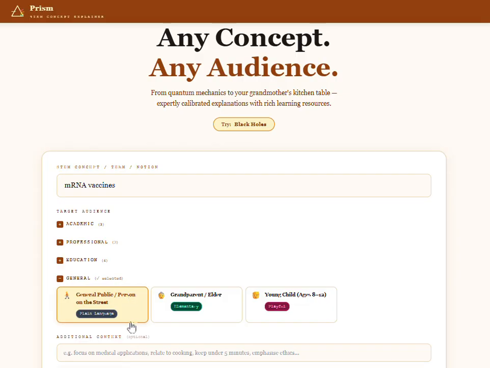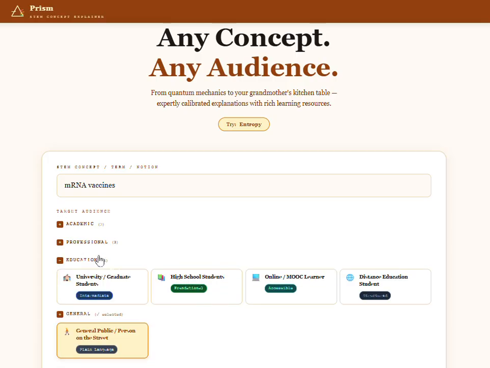So the style of delivery of the concept is also described here along with these audience classes. For a grandparent, it has to be elementary, but for a child, it has to be playful, and for the general public, it has to be in plain language. Similarly, education has to be intermediate or foundational, accessible to MOOC learners, and structured for distance education.